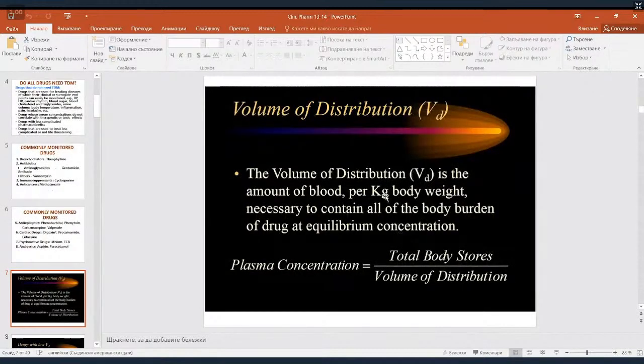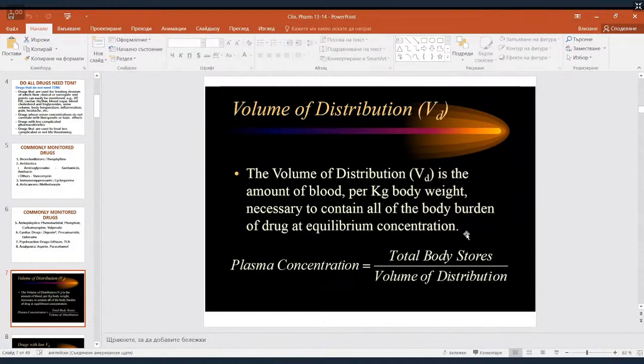Another important term when talking about therapeutic drug monitoring is the volume of distribution, or the VD, which is not a real volume of liquid in a patient's body. This is actually the amount of blood which can be given per kilogram of body weight for the patient, necessary to contain all of the body burden of drug at equilibrium concentration.